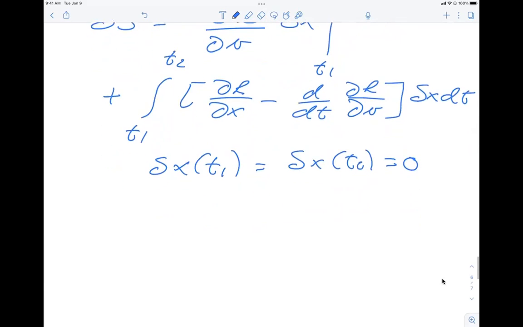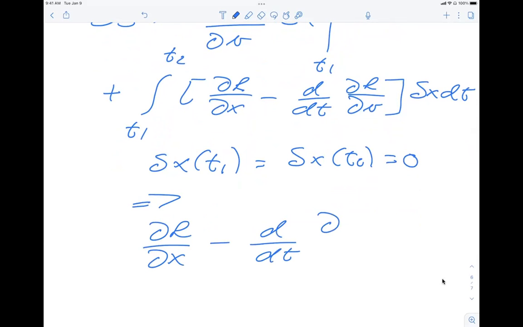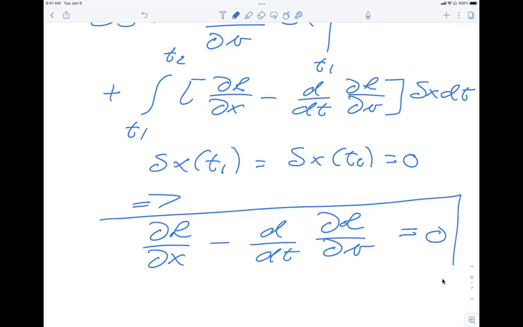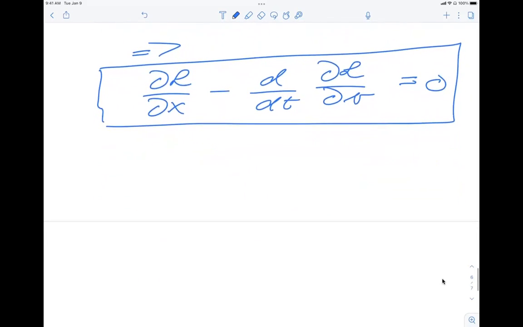So that means that if delta x is arbitrary anywhere else, we get an equation which has to be fulfilled: the derivative with respect to x, minus the time derivative of the partial derivative with respect to the velocity v, has to be equal to 0. And these equations here are called the Euler-Lagrange equations.